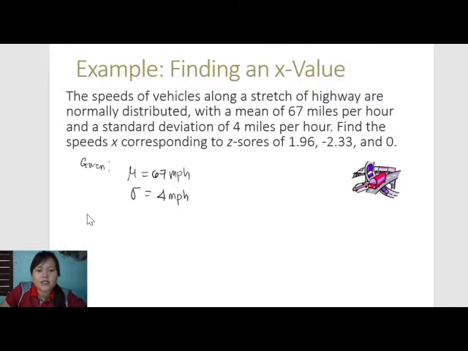We are asked for 3 z's: z1 is equal to 1.96, z2 is equal to negative 2.33, and z3 is equal to 0. We just substitute these to the formula we derived earlier. So, solution.